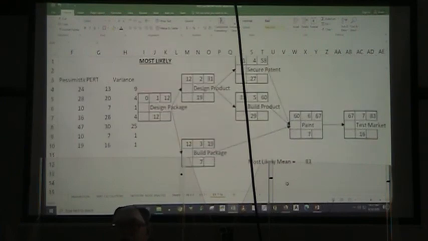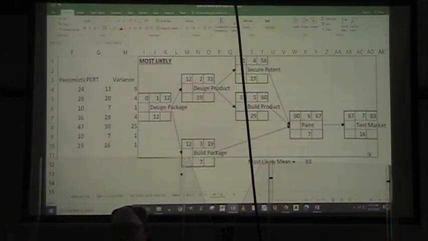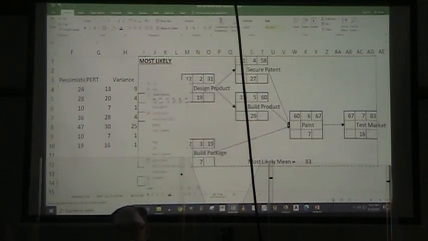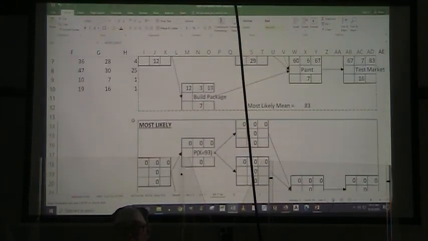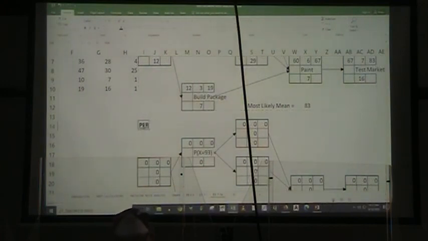But what if we don't take that as the most likely? Let me copy this. What if instead we calculate that using our PERT?